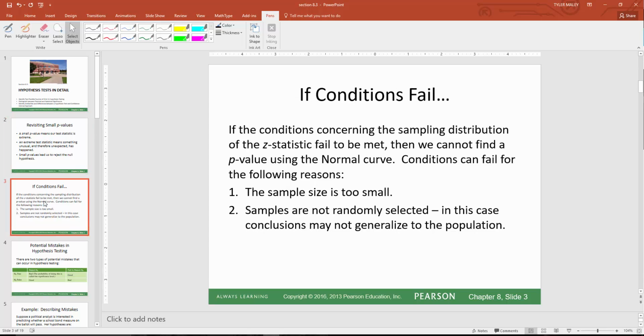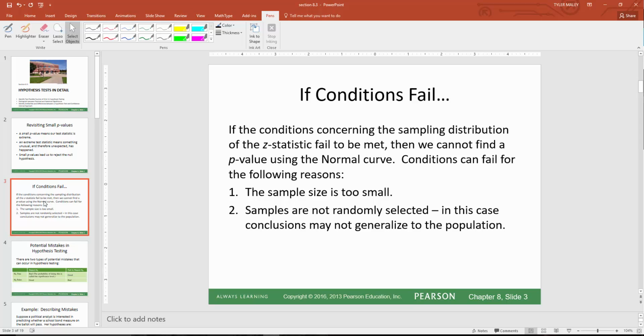So if we have conditions that fail concerning sampling distributions of the statistic, then remember we cannot find a p-value using the normal curve. The normal curve wouldn't make sense then.